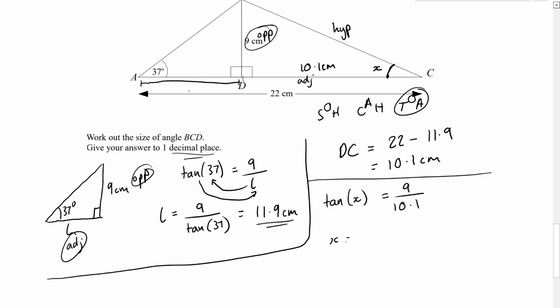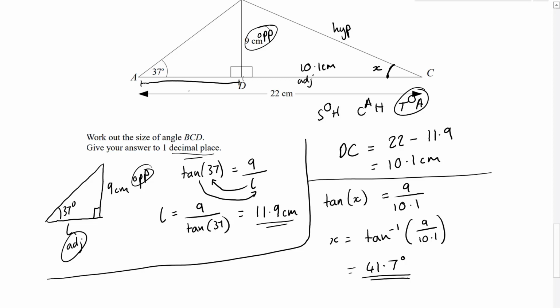And now x is going to be the inverse tan, so tan to the minus 1 of 9 over 10.1. And that, when you put that into a calculator, if we do inverse tan of 9 over 10.1, becomes 41.7 degrees. And therefore we have worked out the angle x.